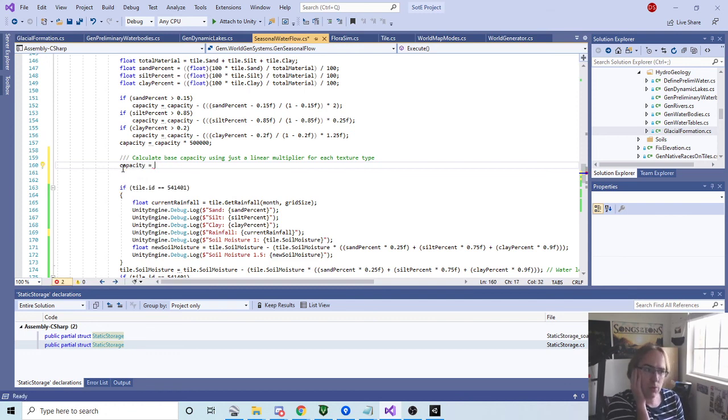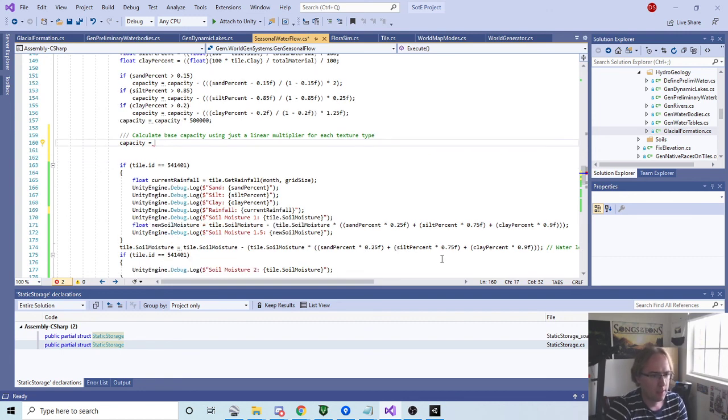Let's make it equal to something similar to what we have down here.